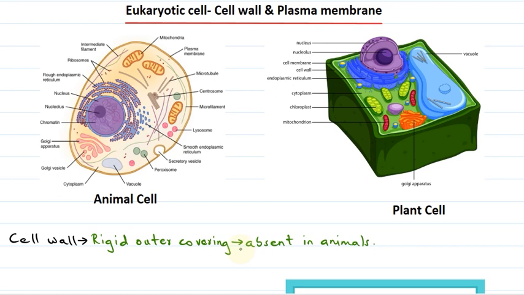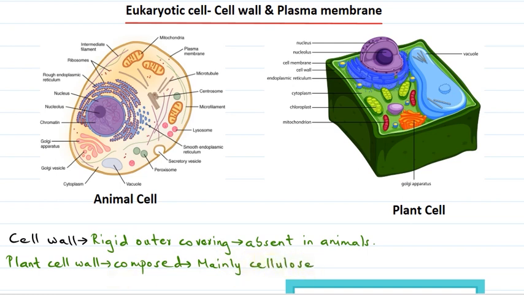The cell wall is dead and it is also freely permeable. Now let's see the composition of the plant cell wall. It is composed mainly of cellulose.